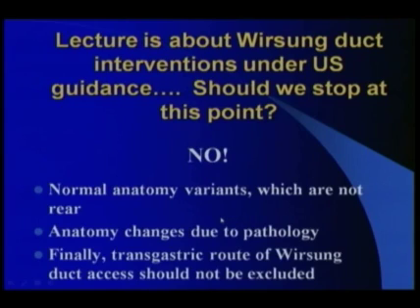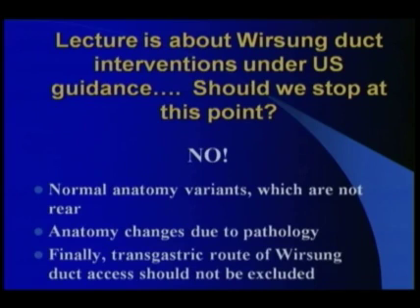Sometimes the pancreas is located just behind the left lobe, the posterior surface of the liver left lobe, which enables us to reach it using a transhepatic approach. In some cases, we can see the pancreas immediately after the anterior abdominal wall, so it makes it possible to access it percutaneously.